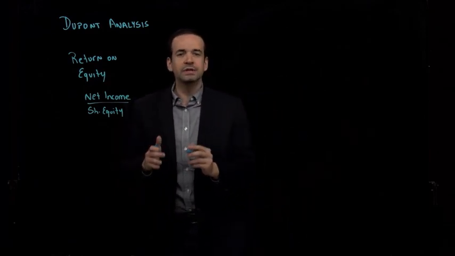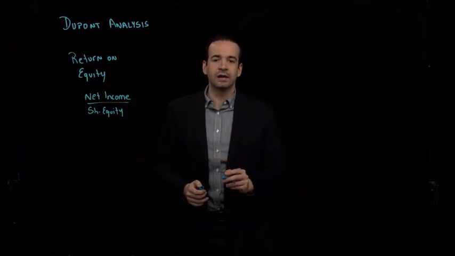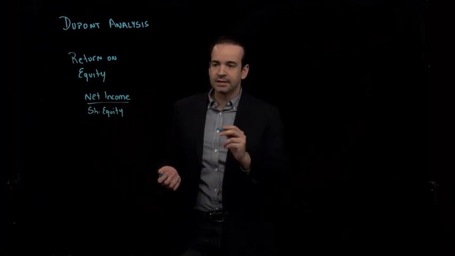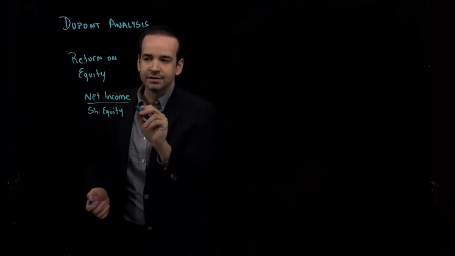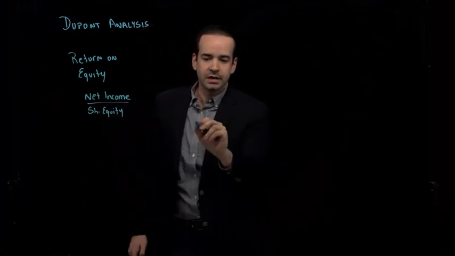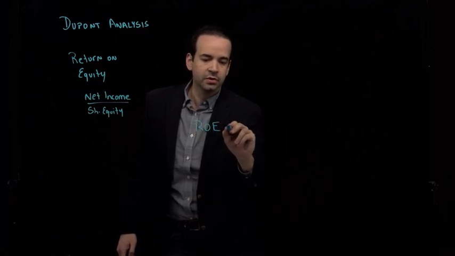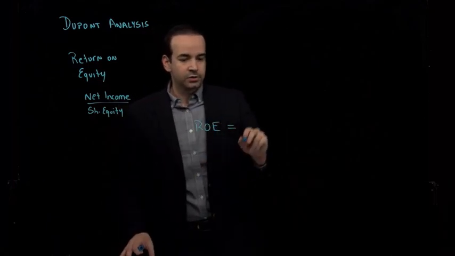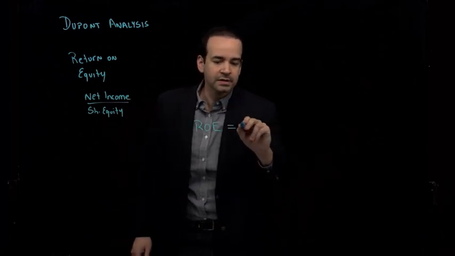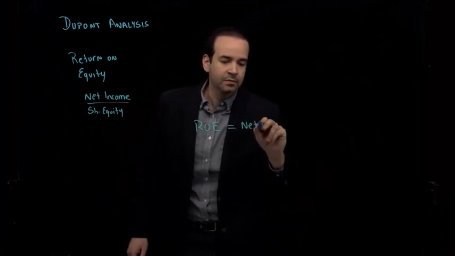Now, how can we decompose the return on equity? The Dupont analysis just decomposes, and I'll write it right here, the ROE into the following terms. The first term is the net profit margin.